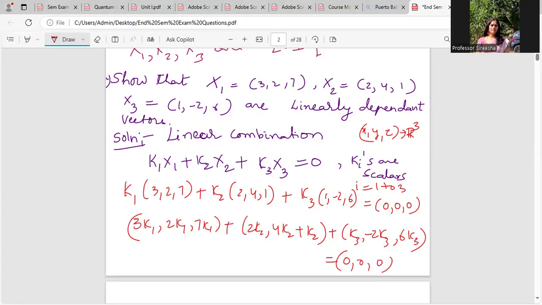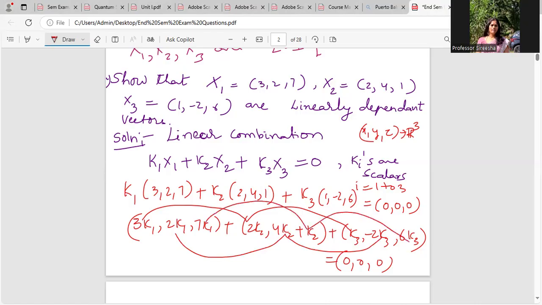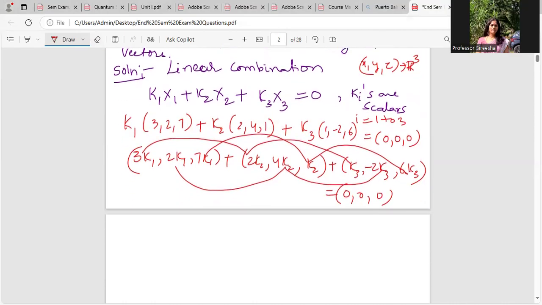Now I'll add the corresponding components: the first component of all the three vectors, the second with the second component, the third with the third component. Sorry, there's a mistake here. This is just comma, right? And then finally, these will be equated to the RHS, 0 comma 0 comma 0.